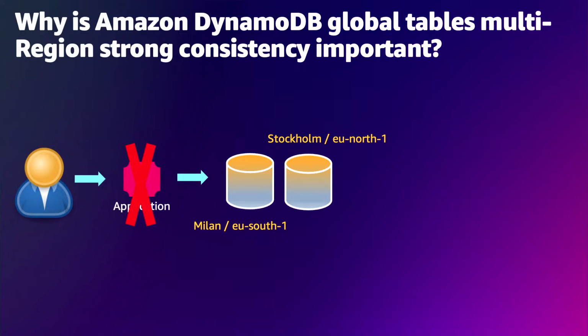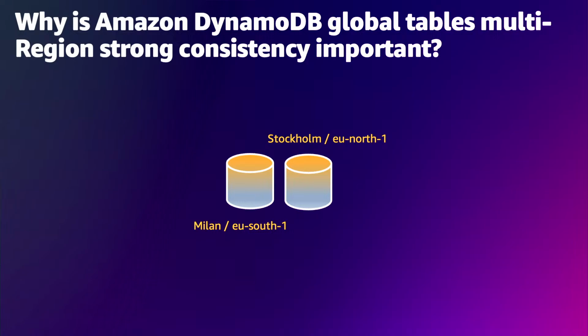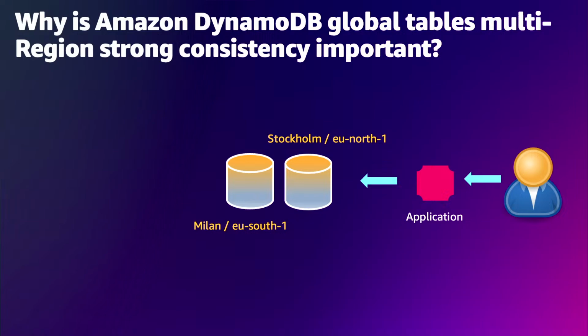Something happens to the application. In strong consistency, you will straight away have the replicated region, in our case Stockholm, and you won't have to wait any time. It will be available and you can switch the traffic from one region to another for your application without having to wait for anything. So there will be no downtime, and we call this RPO of 0 in our case.